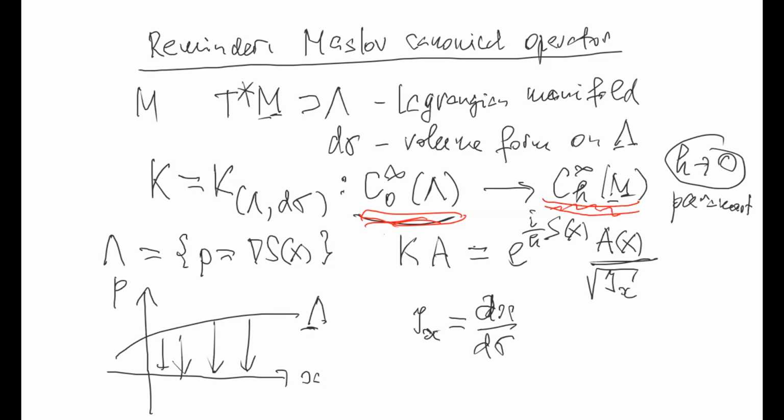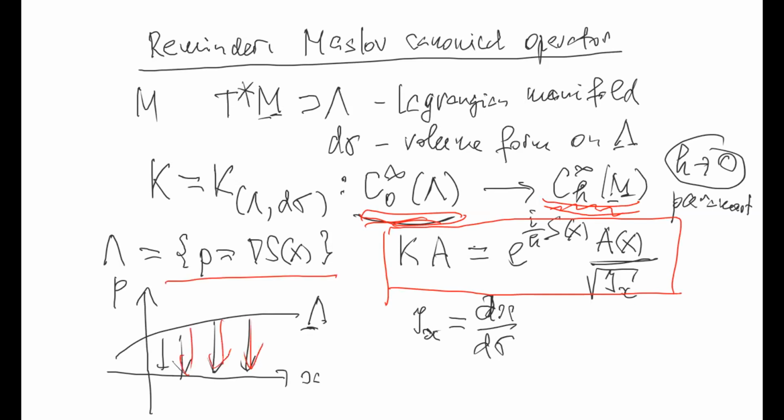So the simplest example is this. If the Lagrangian manifold is the graph of gradient of some phase function S of X, and is diffeomorphically projected onto the configuration space, this is M, then the canonical operator gives just these oscillating functions. It is an exponential, which rapidly oscillates as h tends to 0. And here we have this amplitude, and it is divided by the square root of the Jacobian.